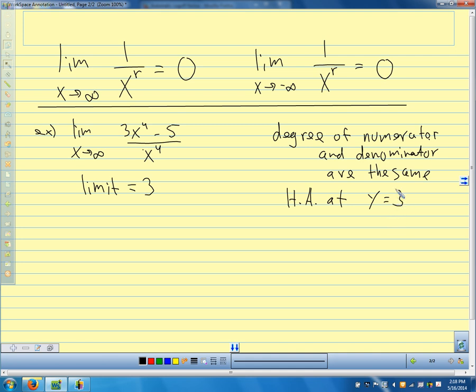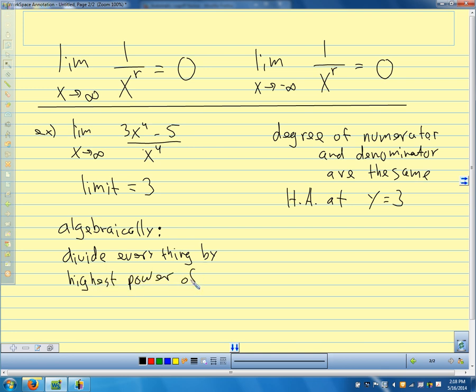To show this algebraically, all we need to do is divide everything by the highest power of x. So this is what we're going to do to show this algebraically.